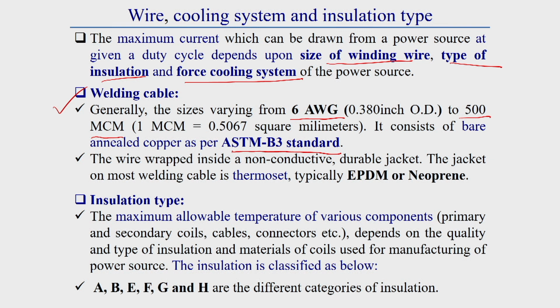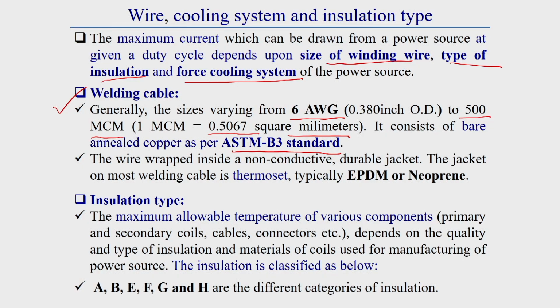Generally, 1 MCM is equal to 0.5063 square millimeter. So 500 MCM is almost a cable bar whose diameter is around 8 millimeter.